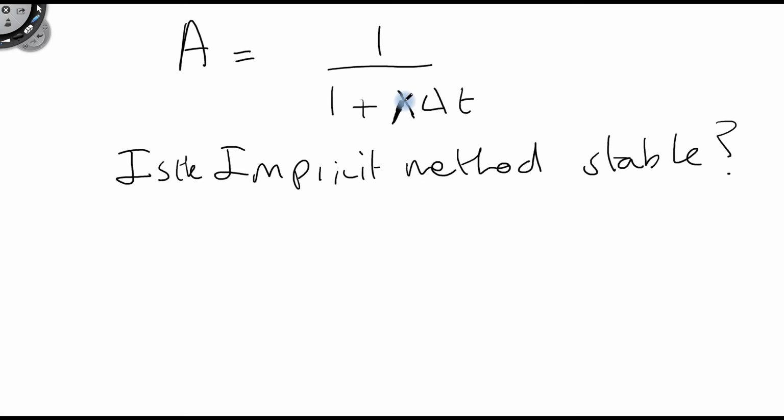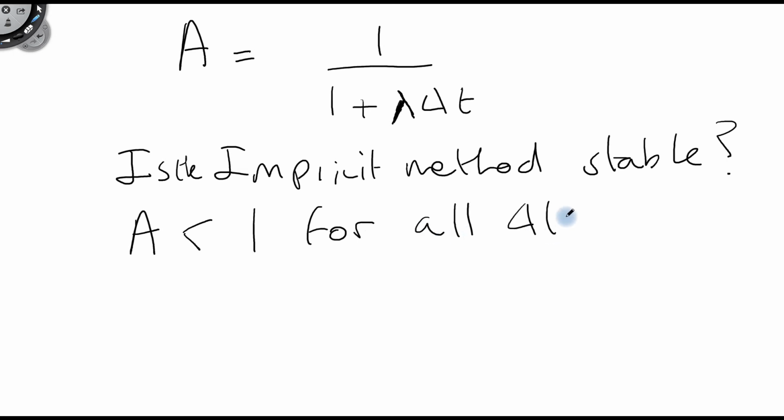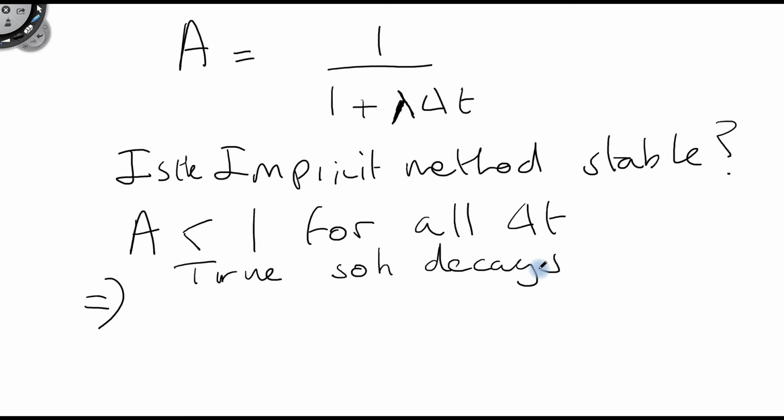So the answer is, well, A is less than 1 for all delta t. Lambda is greater than 0, so that A is less than 0. So it means that the true solution decays. So that means the numerical solution is going to decrease.